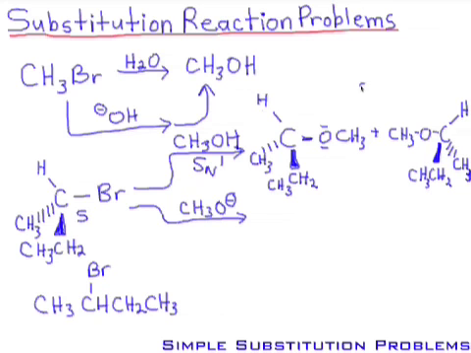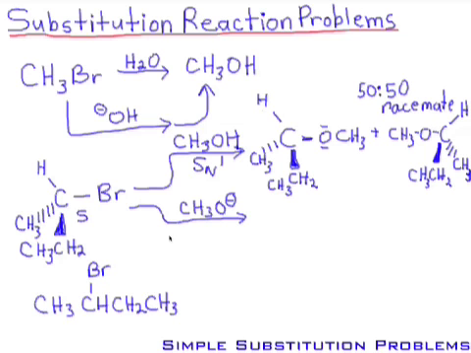And you get a 50-50 mixture of these two, or what we've known as a racemate, a racemic mixture. So SN1 would racemize our chiral center.